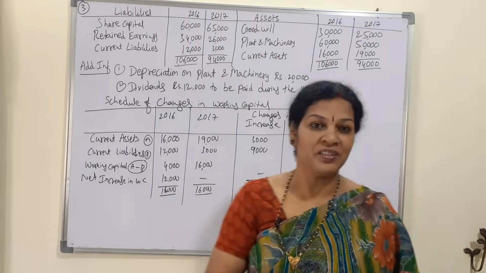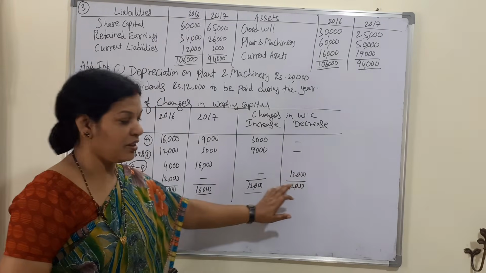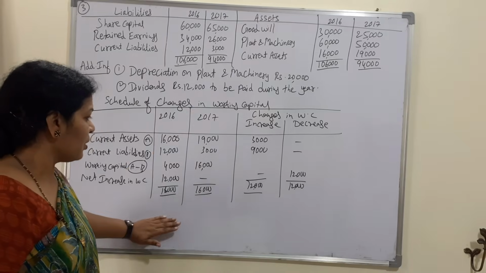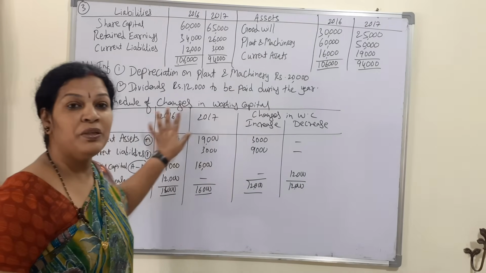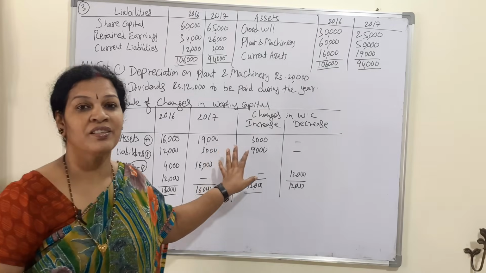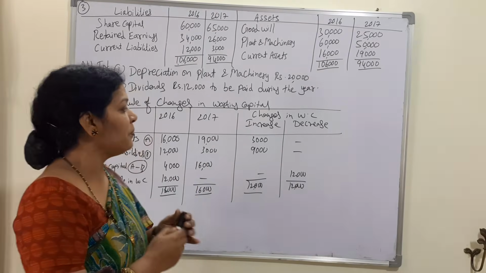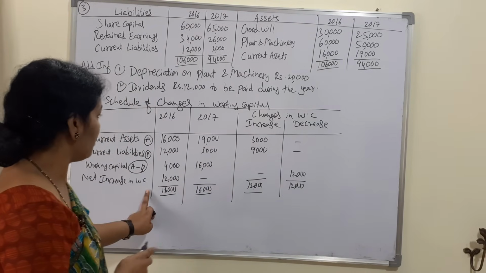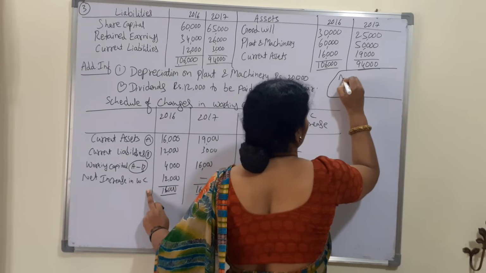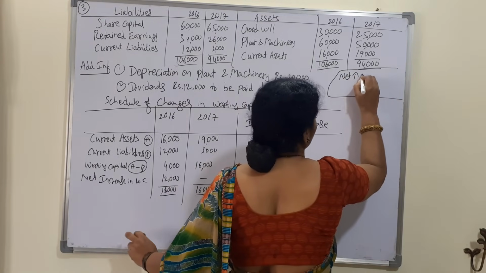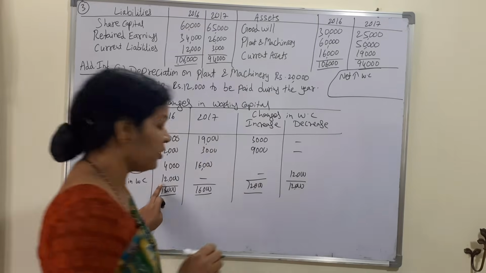Net increase means we write it on the decrease side, 12,000. If we total both sides of the changes, it is 12,000. It means the schedule of changes in working capital is correct. Once we have completed this, we write the answer as net increase in working capital. How much did we get? 12,000.